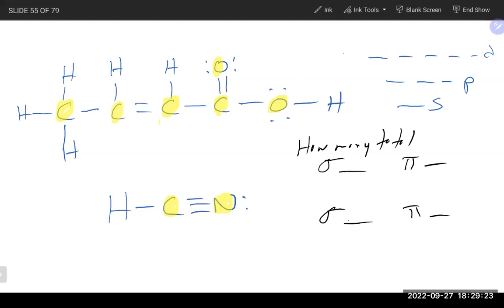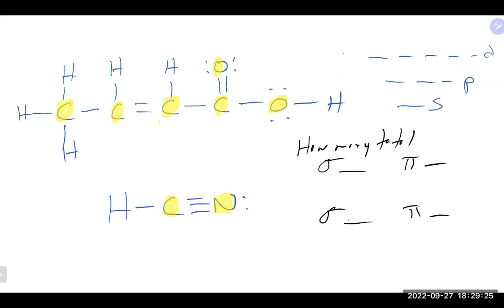I want to figure out electron pairs. You should have come up with 1, 2, 3, and 4 electron pairs, which means 1, 2, 3, and 4. So that should be Sp3 hybridization.